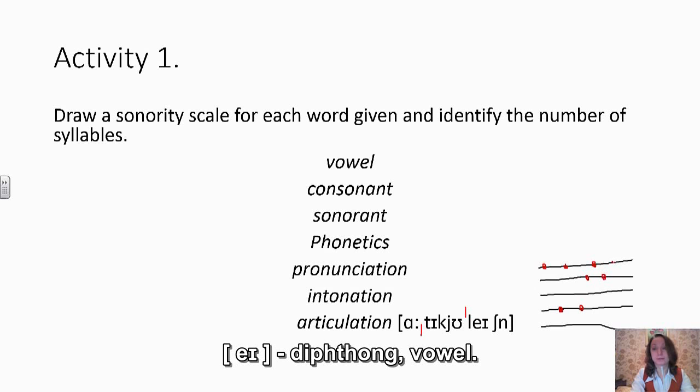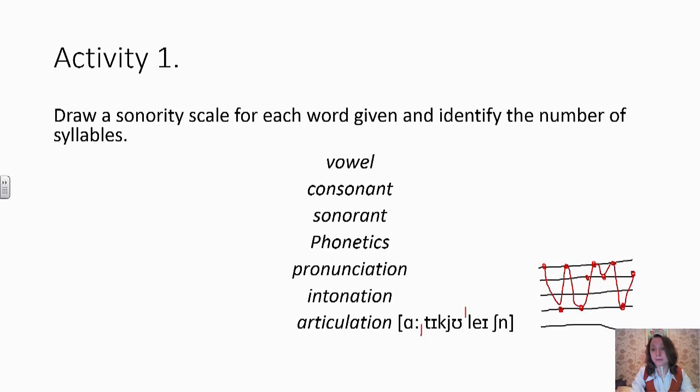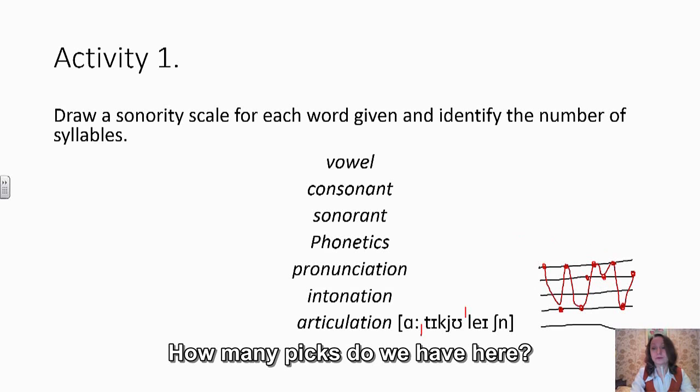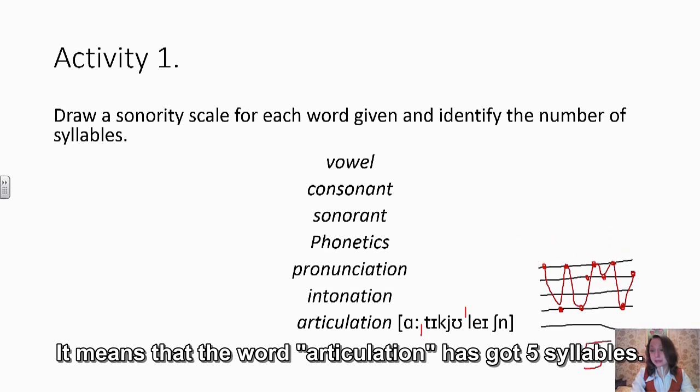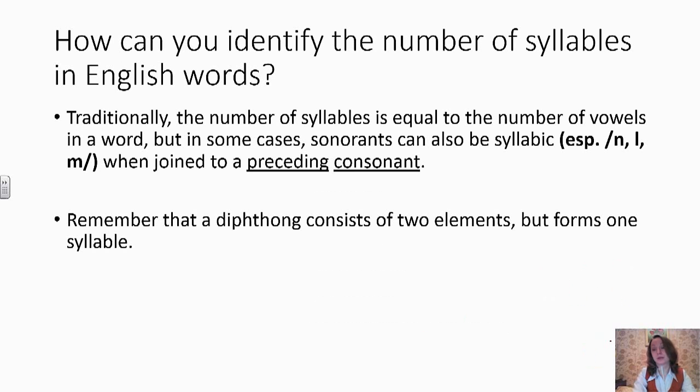A diphthong, vowel. Sh, voiceless consonant. And L is a sonorant. Okay, let's join them all together. So how many peaks do we have here? 1, 2, 3, 4, 5. So it means the word articulation has got 5 syllables.